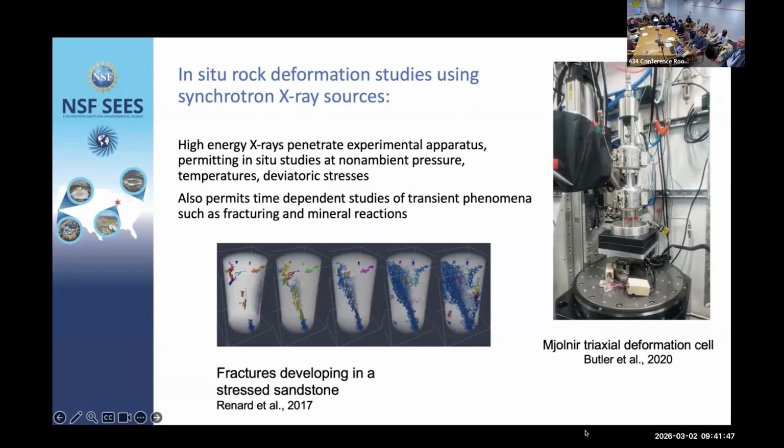But as you saw in the previous talk, as I said earlier, we have focused specifically on investing in in situ rock deformation applications at a variety of beamlines because when SEAS was coming together and we were developing the proposal to create SEAS, one of the sub-communities that had been identified as probably underserved or underutilizing the capabilities of synchrotrons was the rock deformation community. So in situ rock deformation using X-ray sources is certainly a focus that we've had.